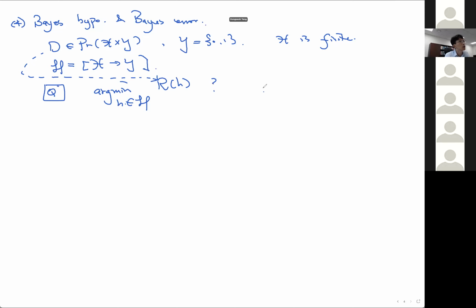And also we want to ask, what is going to be the value of this minimization? It turns out we know the answer for both cases, and the answers are quite easy. The Bayes hypothesis is the solution of the one above, and the Bayes error is the solution for the next one.